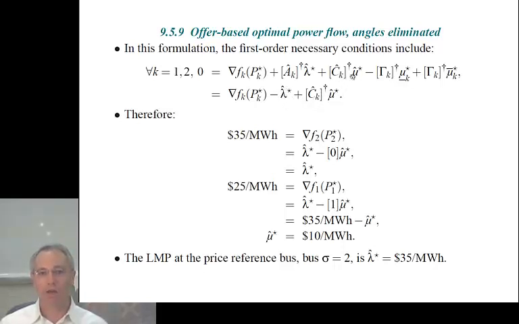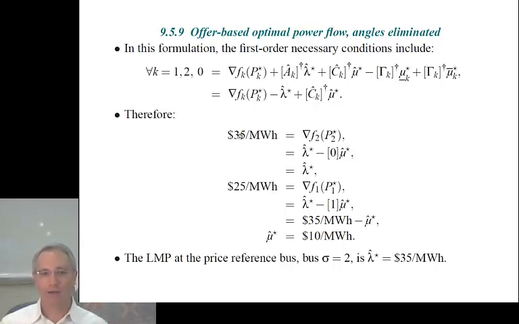But now, in multiplying the mu's, in fact there's only one entry in mu hat star, we've got the entries C hat K. They are the shift factors for the corresponding generators. For bus 2, the shift factor is 0.